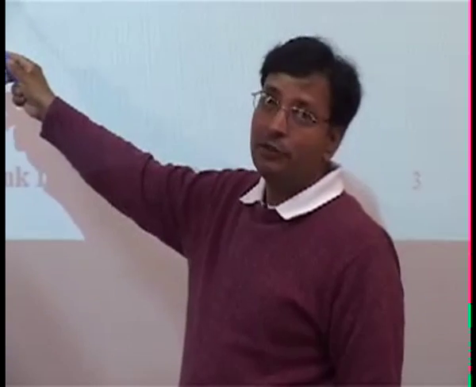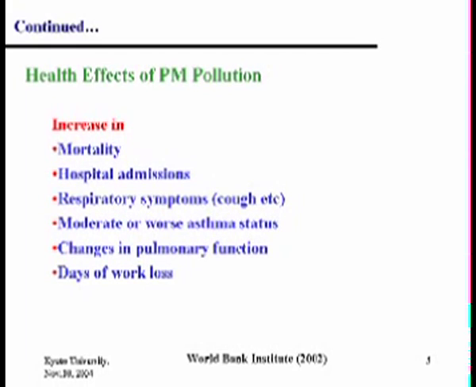The same is true for hospital admissions, respiratory symptoms, and asthma status: a person who is asthmatic can have an asthmatic attack triggered. There are also changes in pulmonary function, or lung function, days of work lost, efficiency going down, and things like that.